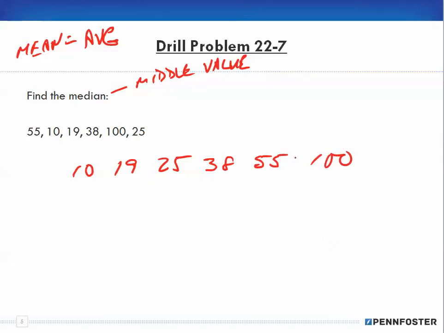What we're trying to do here is find the middle value, what's smack in the middle. If it's an odd number of values, you're going to end up landing on that particular middle number.